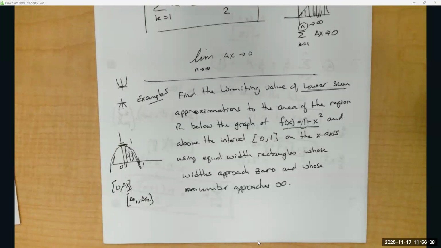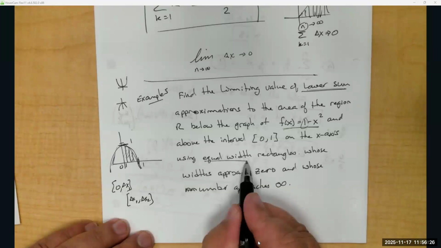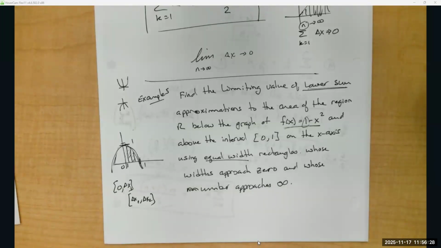Does it say anything about delta x in the statement? Equal width.